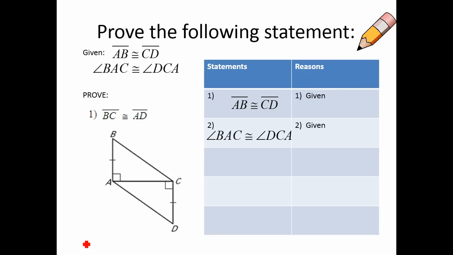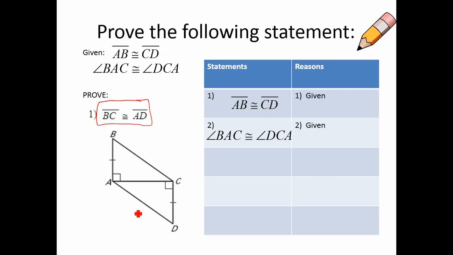So here are some proofs we need to get into our notes. We are going to prove the following statement. We're given that segment AB is congruent to segment CD, and that angle BAC is congruent to angle DAC, and we need to prove this, that BC is congruent to AD. Now, we can't just say that they're congruent because they look like it.